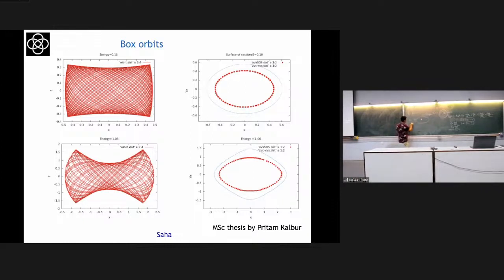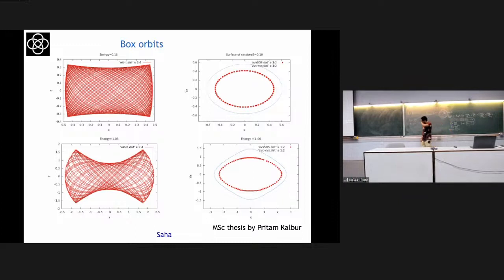Then you can have a potential which is, let's say, phi equals half A R squared, the harmonic oscillator potential. You can also think about calculating these frequencies.